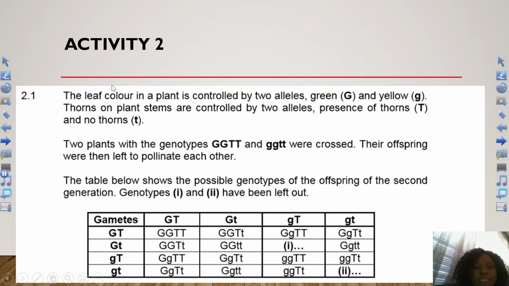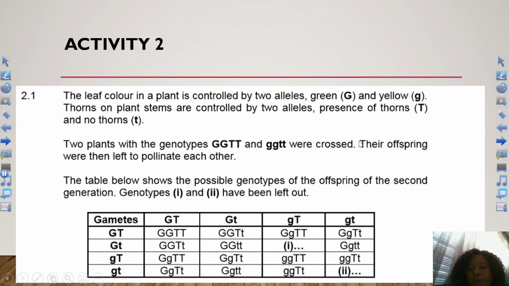So the first characteristic is leaf color, and the second characteristic is the thorns on the plant stems. Now it says two plants with the genotypes capital G, small g, capital T, small t, and capital G, small g, capital T, capital T were crossed.